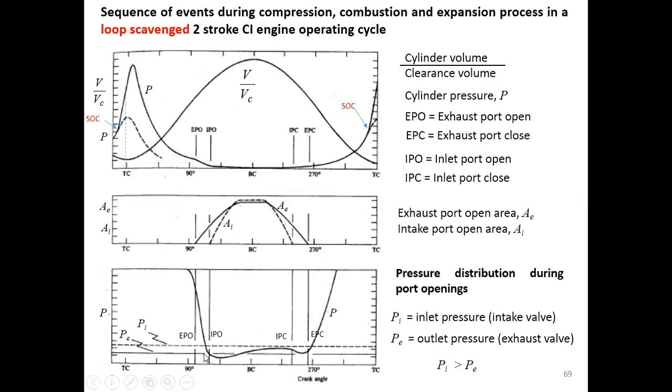So you can imagine that during this period, from here to here, the exhaust gas inside the chamber cannot flow out because the pressure of the exhaust gas is lower than the outlet pressure here, right?